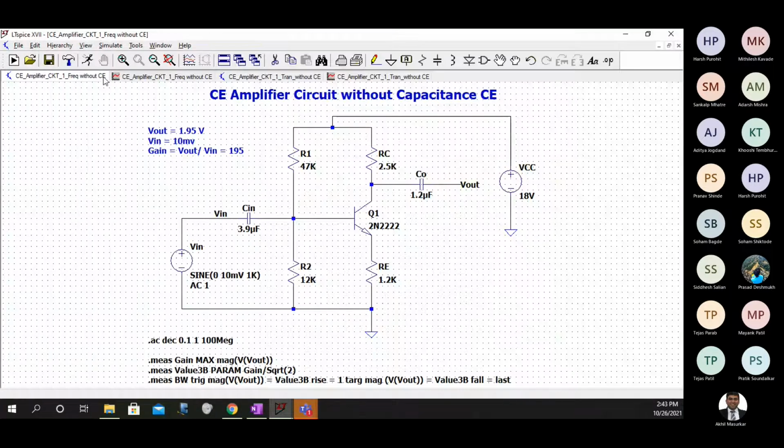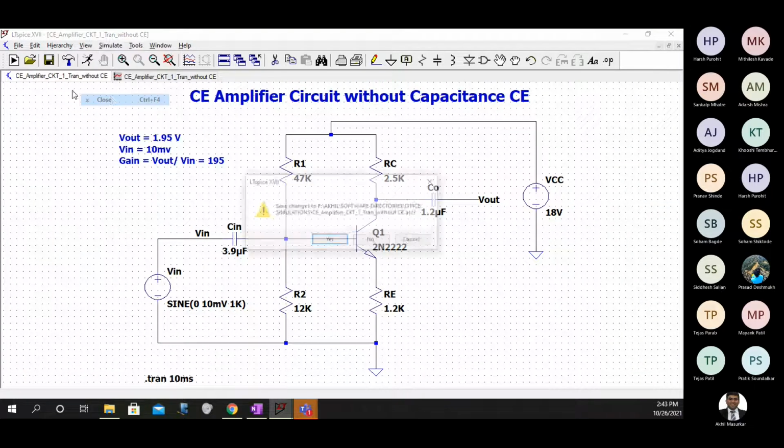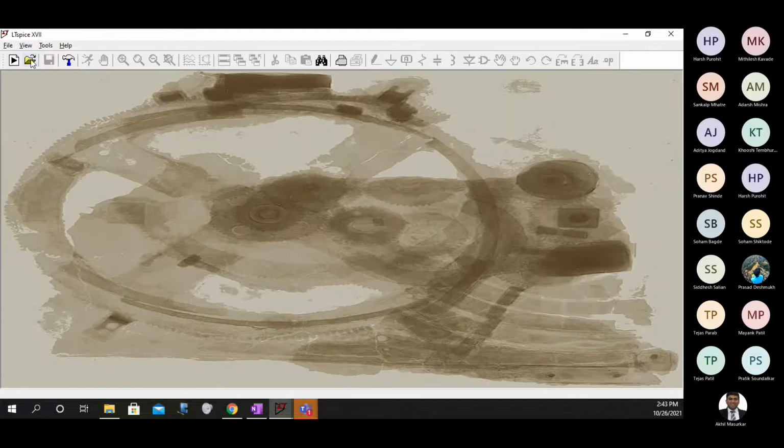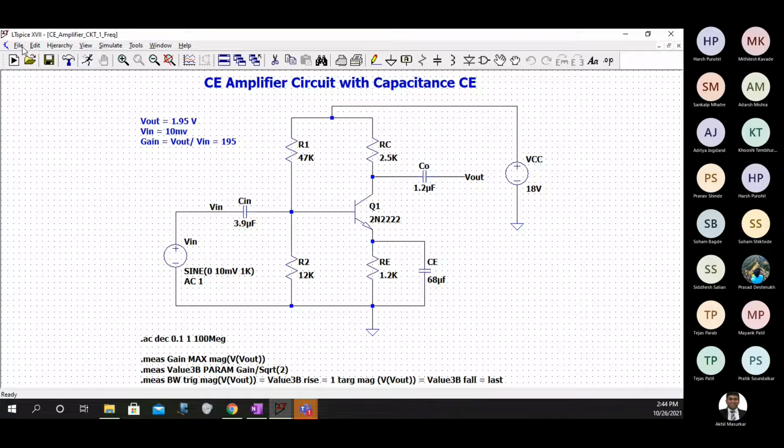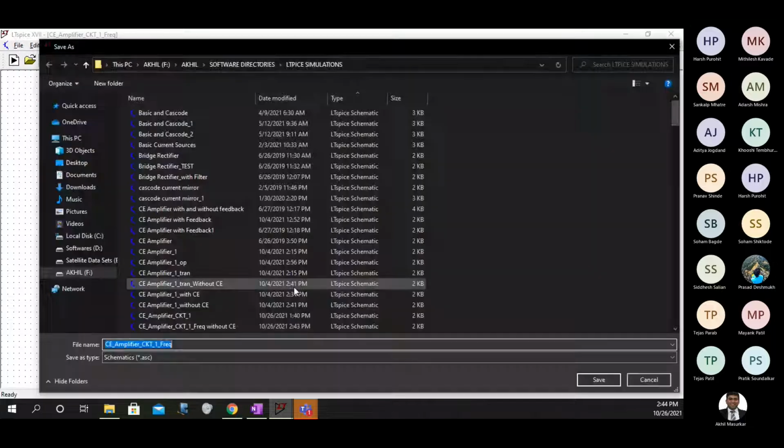So let me not use these files. File open, I'll take this frequency file, I'll say save as, and I'll say underscore RI.